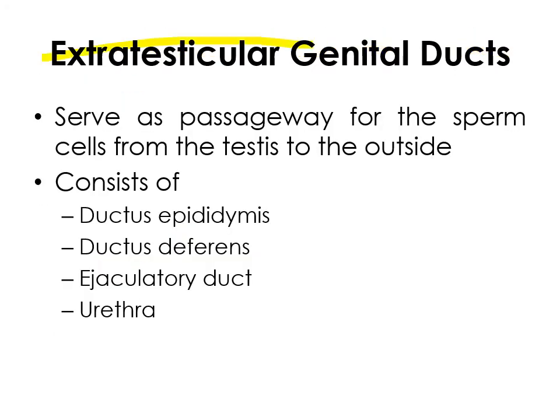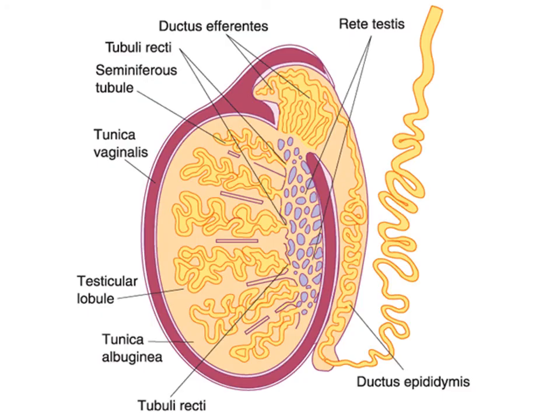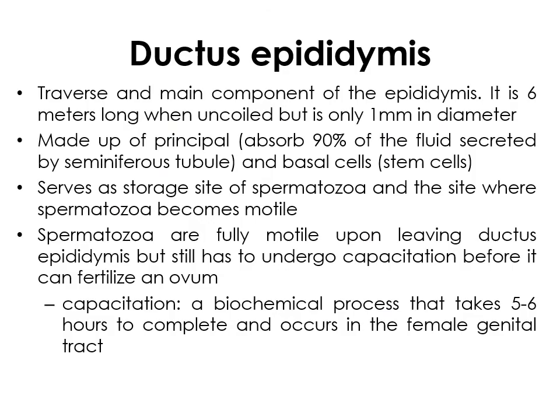The extratesticular ducts serve as the passageway of sperm cells from the testes to the outside. They consist of the ductus epididymis, ductus deferens, ejaculatory duct, and the urethra. The ductus epididymis is the main component of the epididymis.